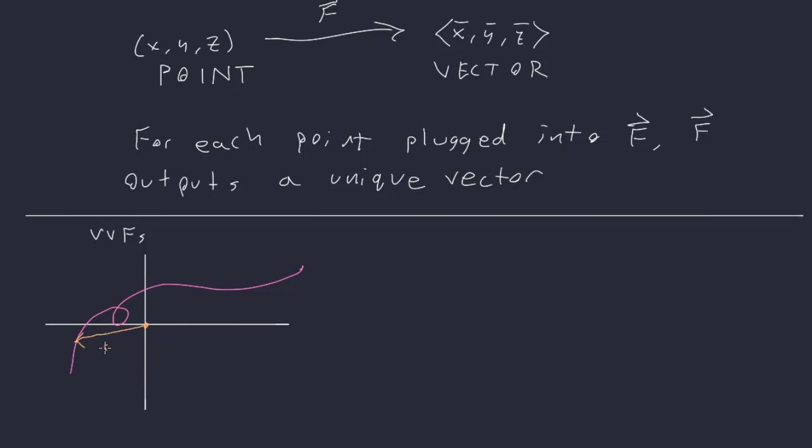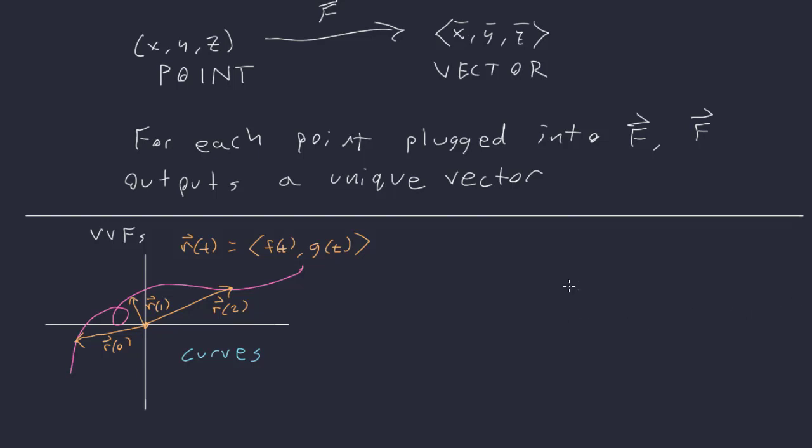So this could be r of 0, r of 1, r of 2. This would be r of t equals some function of t, comma, some other function of t. So this made curves in space.